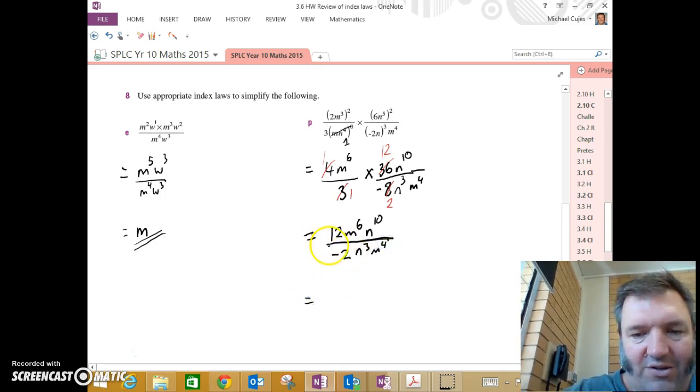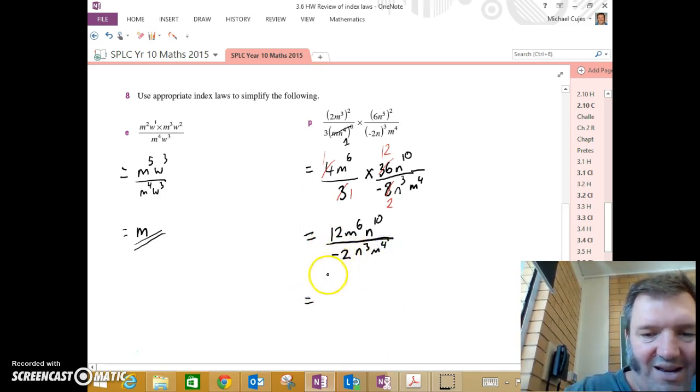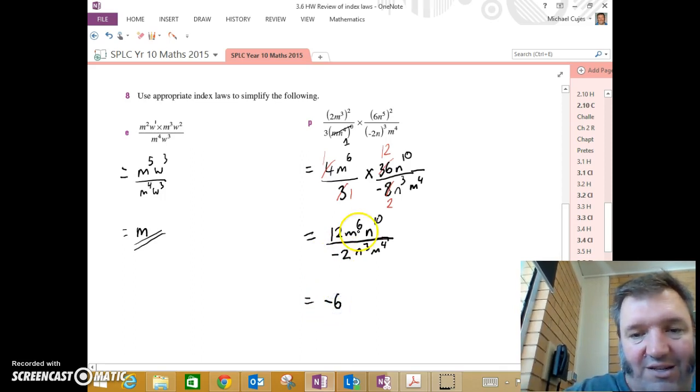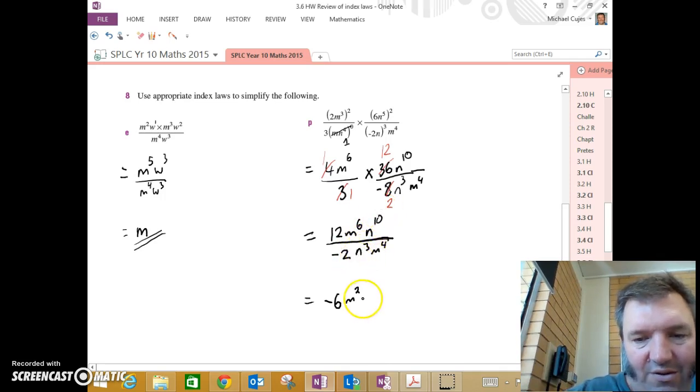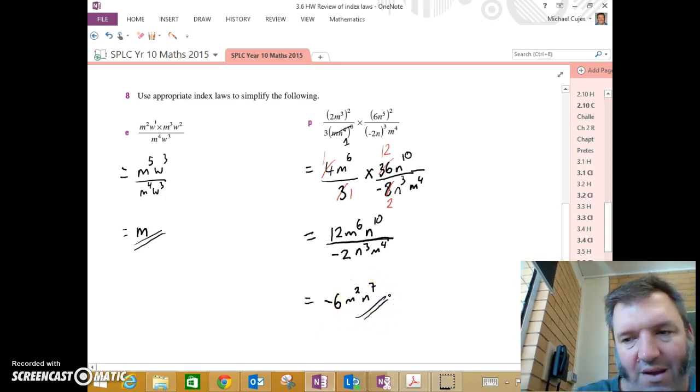I didn't cancel those 2's. 12 divided by 2 is 6. That negative I'm now going to put with the 6. It's going to make my life easier. So I've got negative 6. 6 m's on top, 4 on the bottom. That's 2 extra on top, so it's m squared. 10 n's on top, 3 on the bottom, so I can cancel 3 of them. N to the power of 7. So negative 6 m squared n to the power of 7. And we're done with that one.